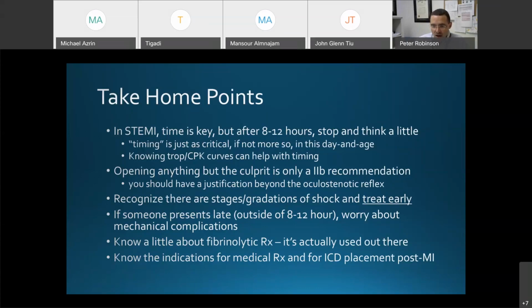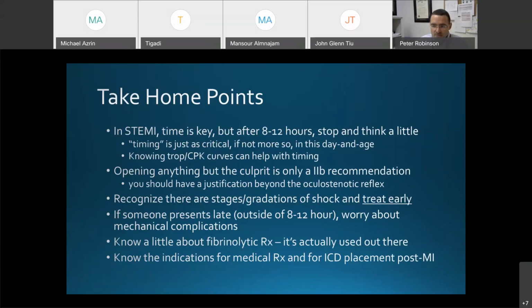So John's referring to this concept, which is an intriguing one, of first unloading the ventricle, unloading the LV before opening the vessel in an attempt to reduce or minimize reperfusion injury.